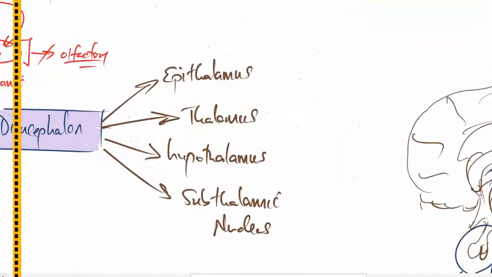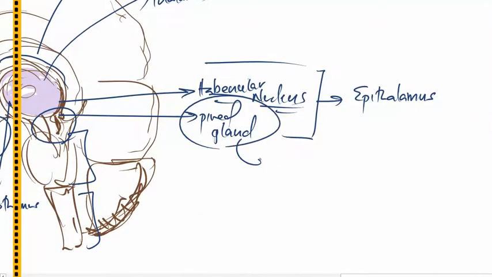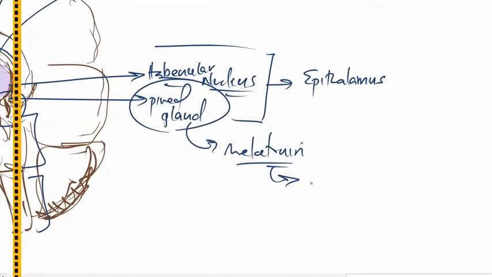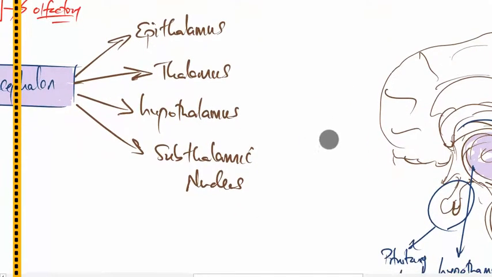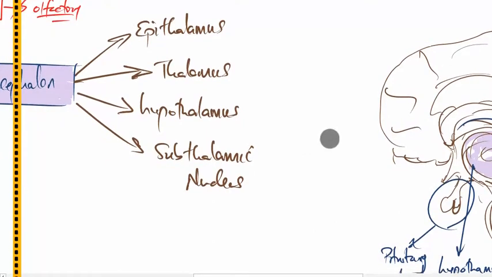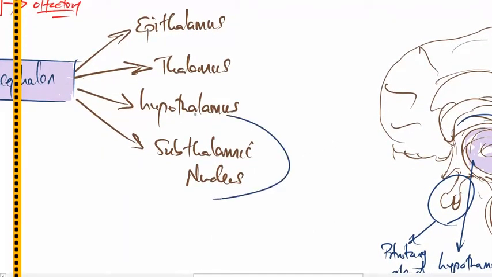All right, so the pineal gland is going to secrete melatonin, right? And it's involved in the sleep-wake cycle, right? I just remember him saying that last year, so I thought it was important to point that out to you guys. The subthalamic nucleus.